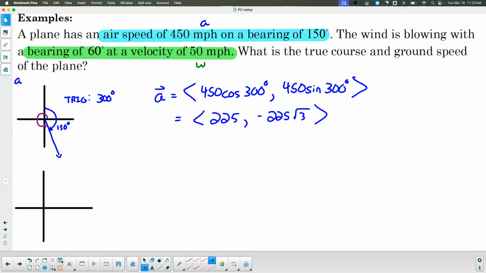Now we need to come up with our vector W for the wind. Wind is blowing with a bearing of 60 degrees. What would my trig angle be here? 30?